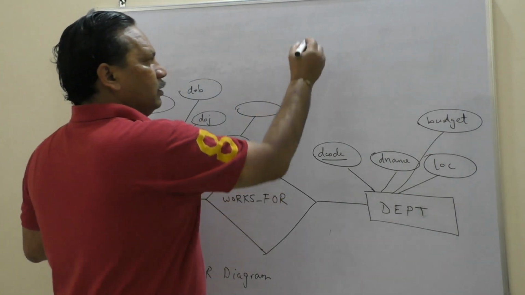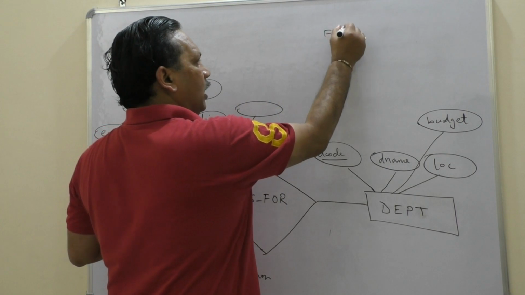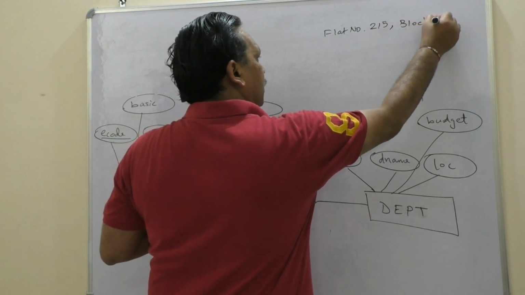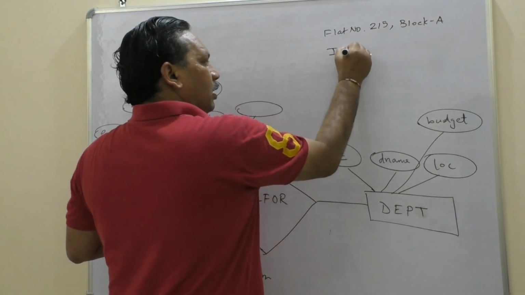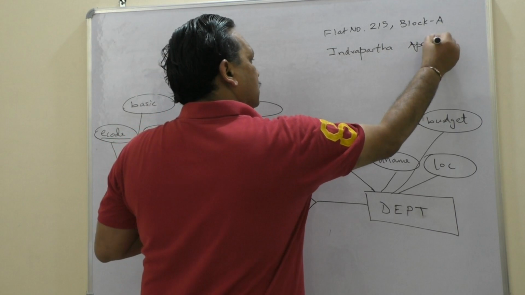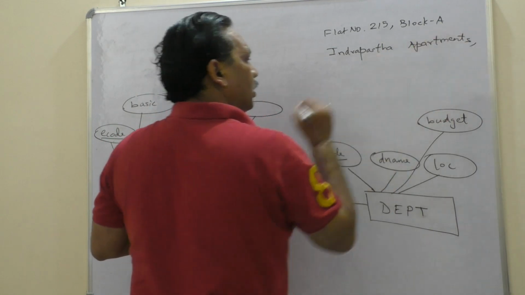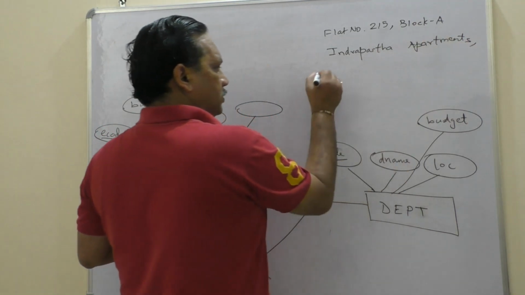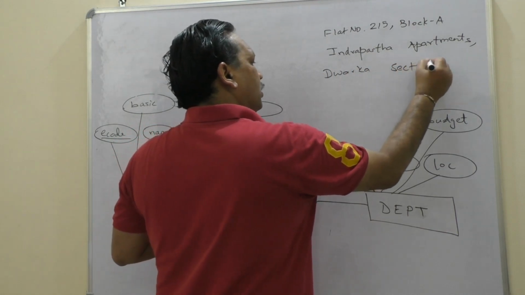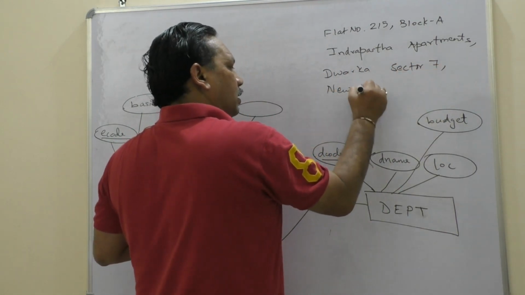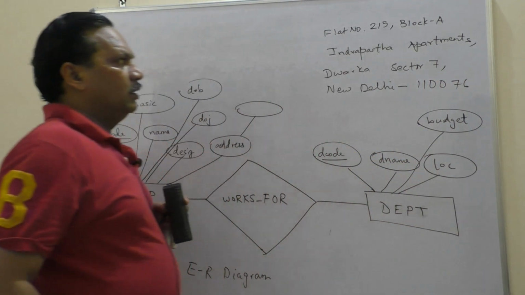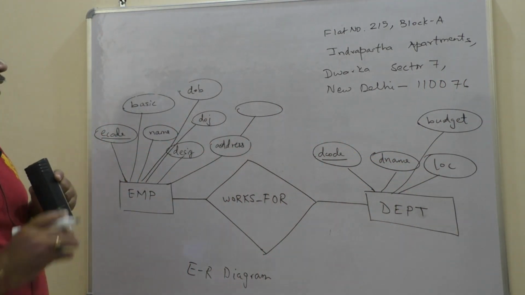Suppose somebody's address is flat number 215, block A, Indraprastha Apartments, Dwarka area, sector 7, New Delhi, and then you have a pin code 110076. I'm just saying. Clear?